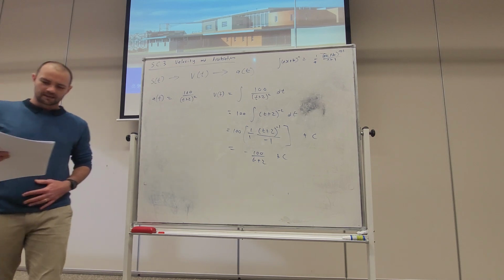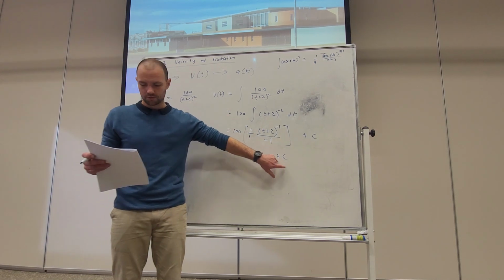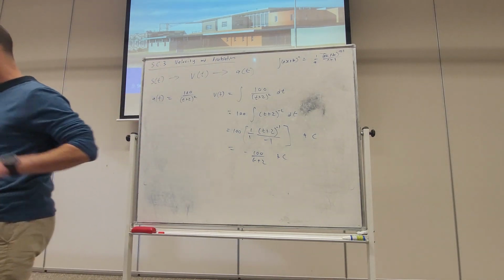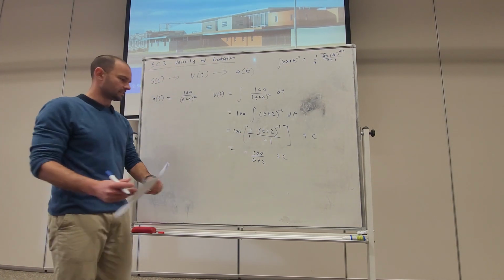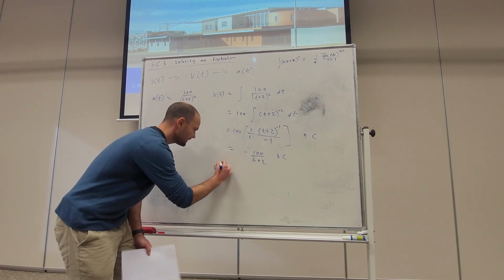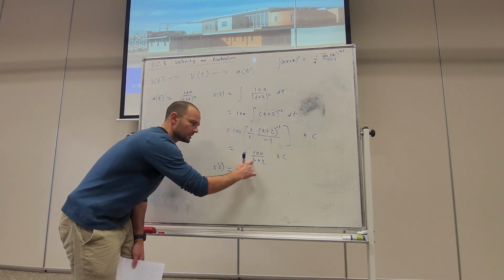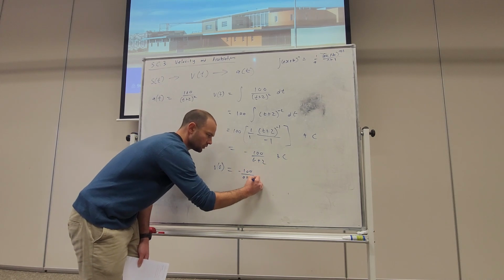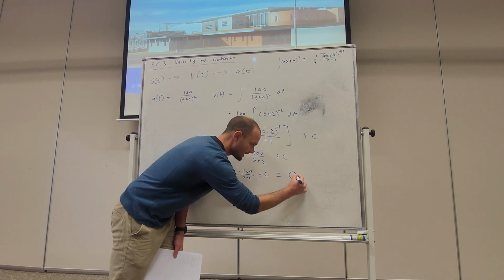Now, we need to find c exactly. We need to use the other piece of information we've got. This is the velocity function, but we've got this constant here. We're also told the initial velocity, so when time is 0, the velocity is 0. So we can write that up here. V of 0 equals minus 100 on top of 0 plus 2, so I'm substituting 0 in, plus c. V of 0 is equal to 0.